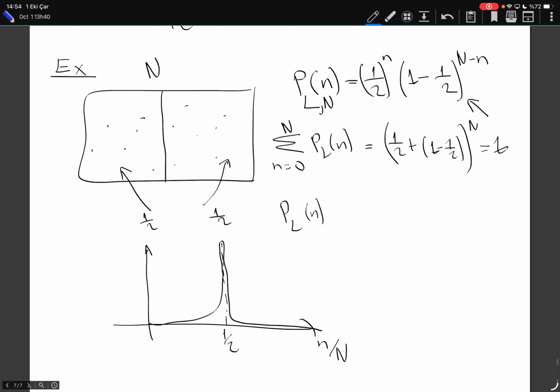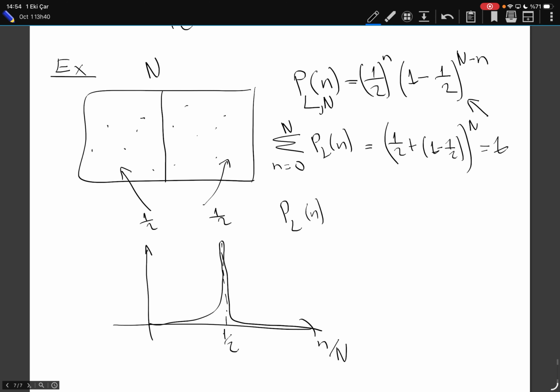And you can actually plot this in whatever computer program you are using to do your analysis. This will be the picture. So what this tells me is, if I look at it at a randomly selected moment, half of the particles will be on the left, half of them will be on the right.